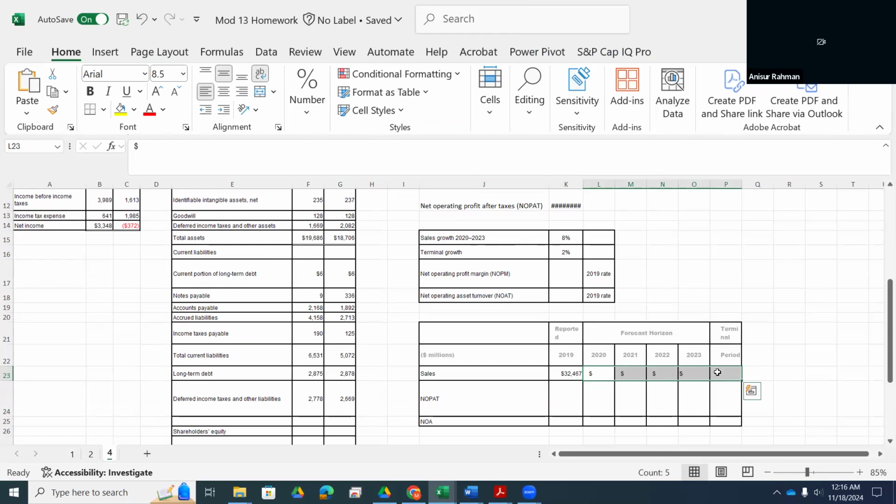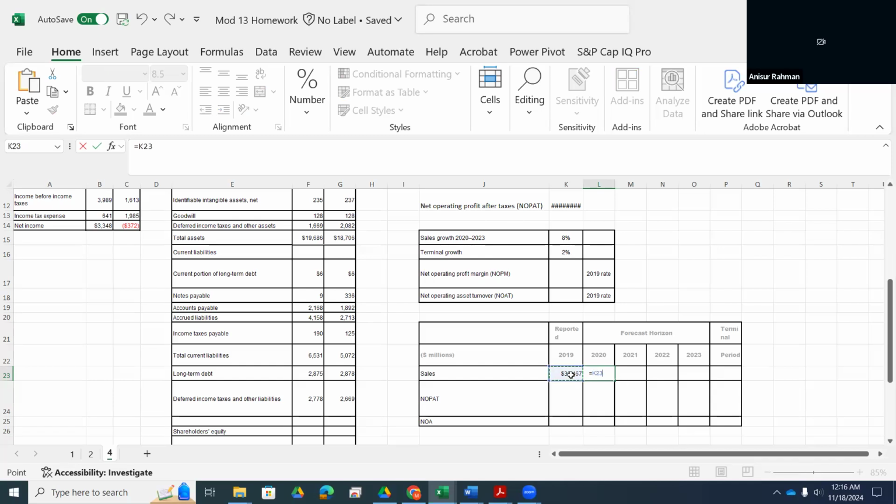Highlight these cells and press the delete key. Now enter equal. It says sales will grow from 2020 to 2023 at 8%. After that, for the terminal period, it will grow at 2% each year forever.